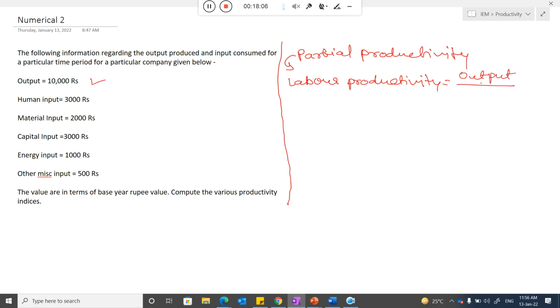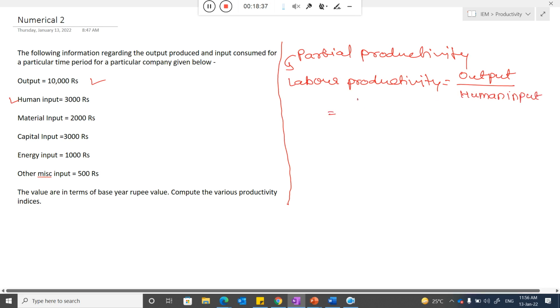And what amount of labor input, that only you need to consider. Only labor input you need to consider when I talk about the productivity indices, and when I talk about the partial productivity, you need to consider individual. So labor I will consider as an individual, as it is actually human input.